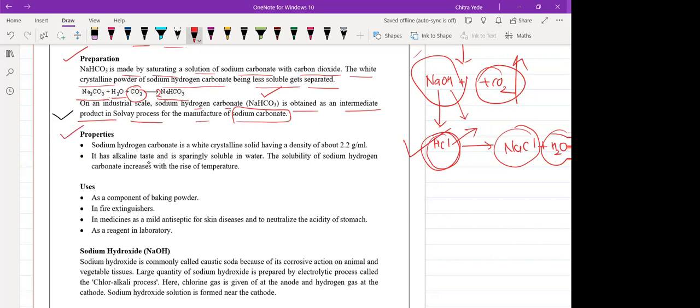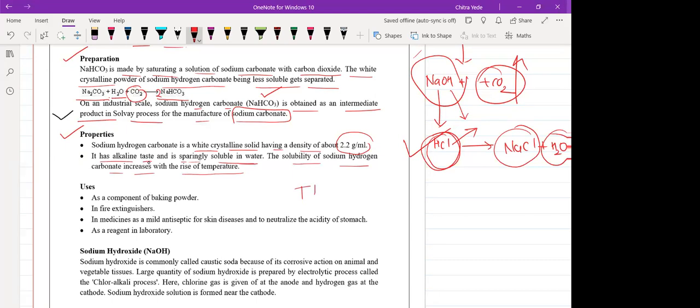Sodium hydrogen carbonate is a white crystalline solid having a density of about 2.2 gram per milliliter. It is alkaline, meaning it is basic in nature, and it is soluble in water. The solubility of sodium hydrogen carbonate increases with increase in temperature.